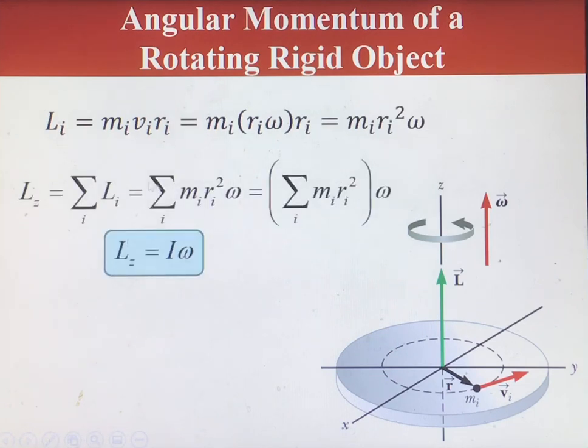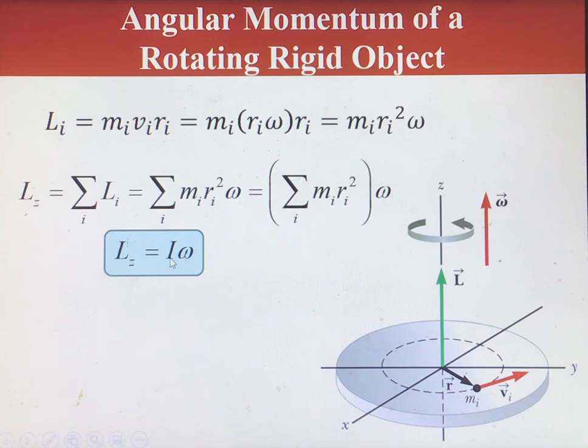If I calculate my total angular momentum by summing the contributions from all the masses in this system, I get this equation. I can write it as this times omega, and all of this quantity here is the I value, which is called the moment of inertia.